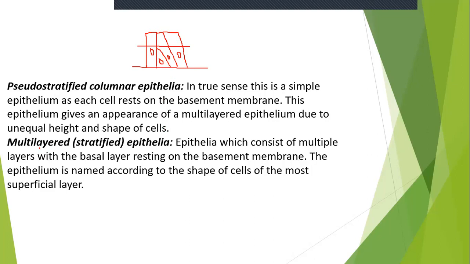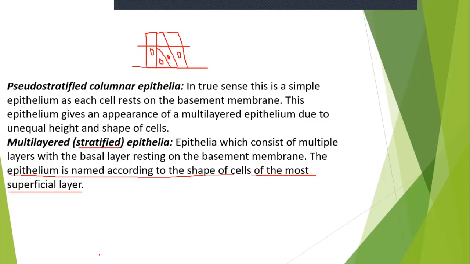Then we have multi-layered or stratified epithelium, so we use the term stratified. It consists of multiple layers with the basal layer resting on the basement membrane. Note this is a very important point: this epithelium is named according to the shape of the cells at the most superficial layer.